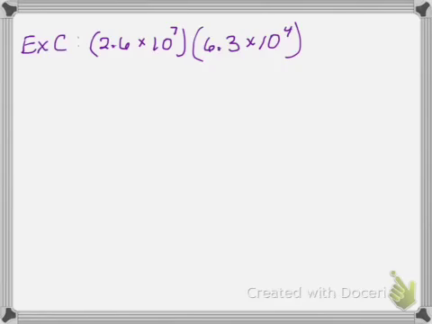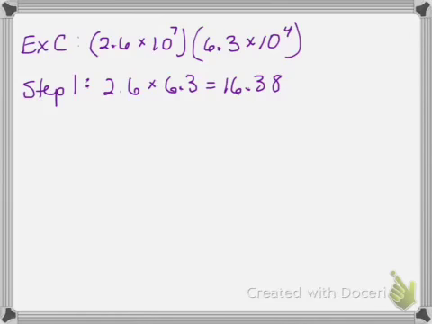Okay, so step 1 is you guys are going to do 2.6 times 6.3. So you're taking the two front numbers, you're multiplying the two decimal numbers together. And when you do that, you're going to get 16.38.